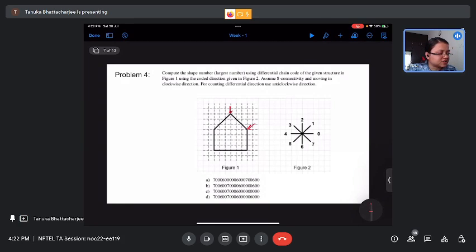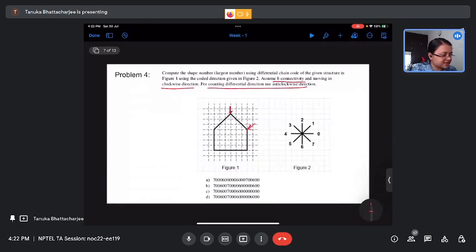So now we will compute the shape number considering the largest number using the differential chain code of this figure, and we will again assume 8 connectivity and moving in clockwise direction and counting differential directions in anti-clockwise direction.